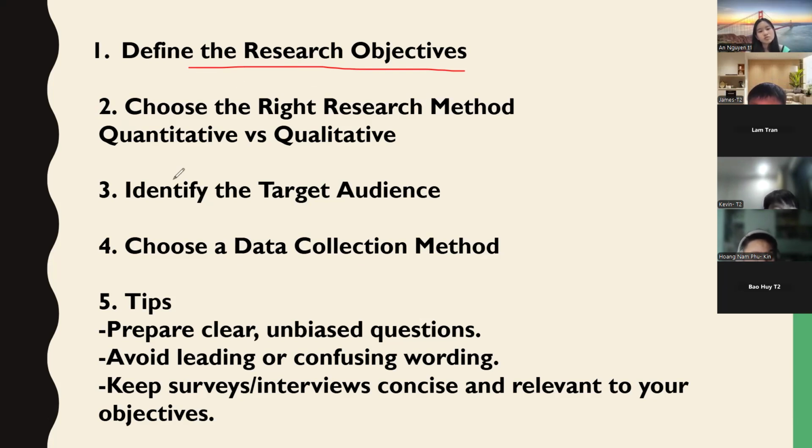The second thing, you have to choose between quantitative and qualitative methods. The quantitative method means quantity, so you can calculate the information. Qualitative means quality, you don't calculate that. For example, you ask what is your favorite color? Maybe they say, I like blue, I like yellow.